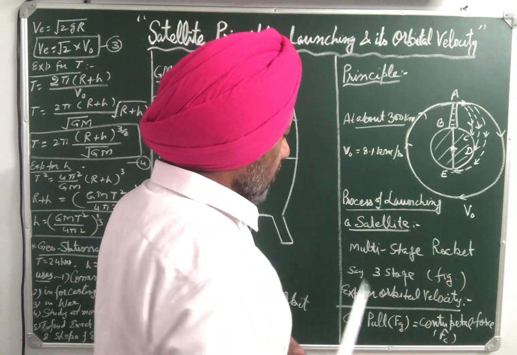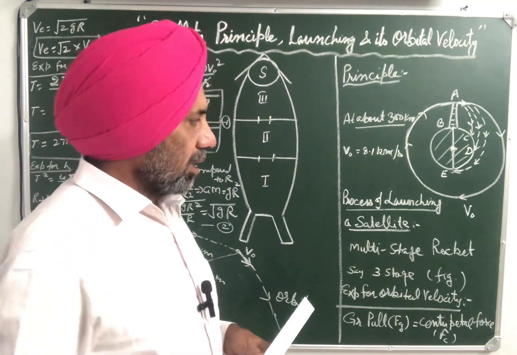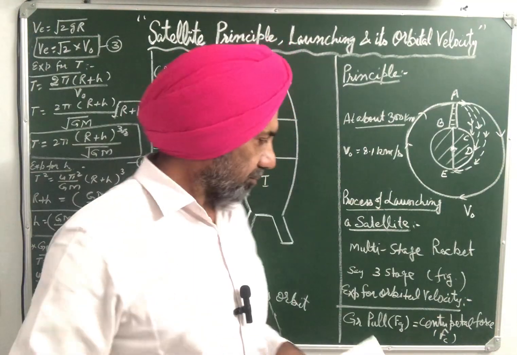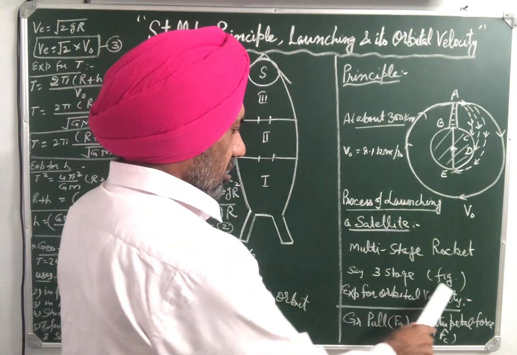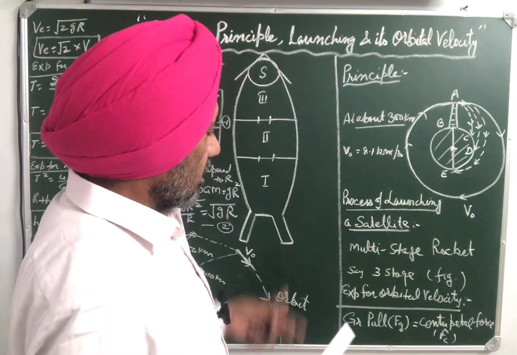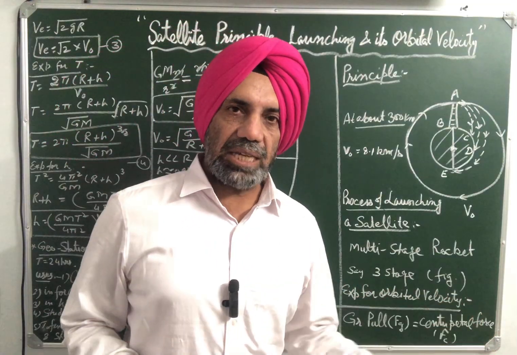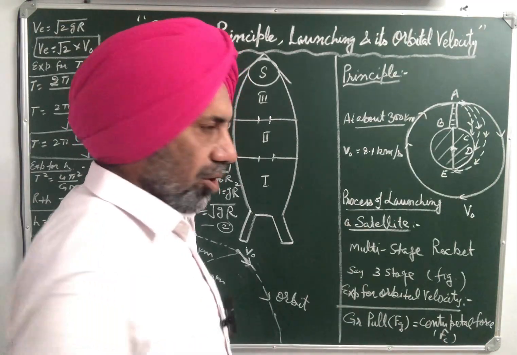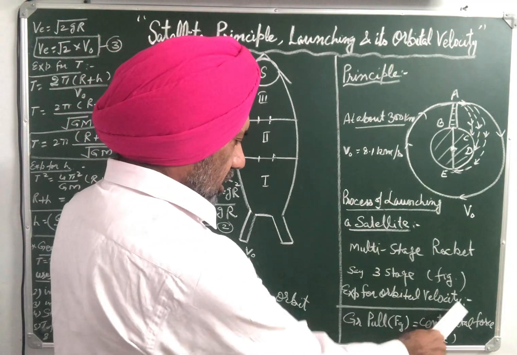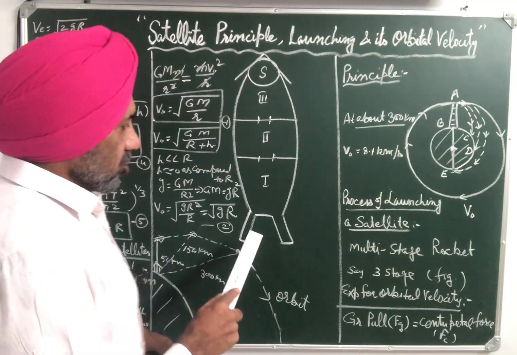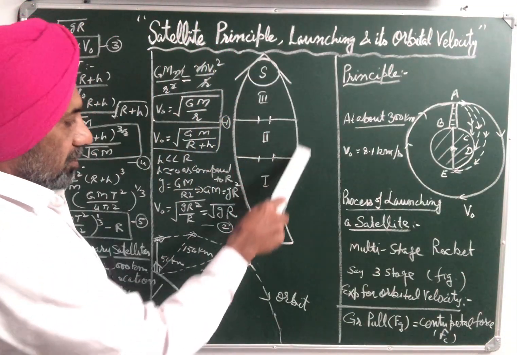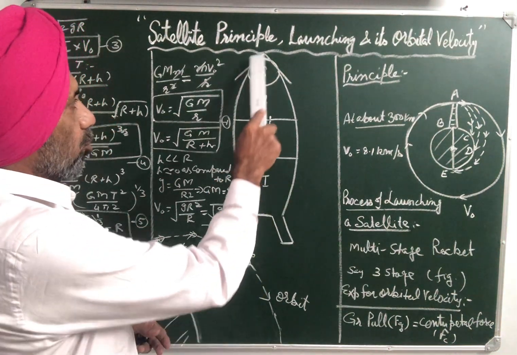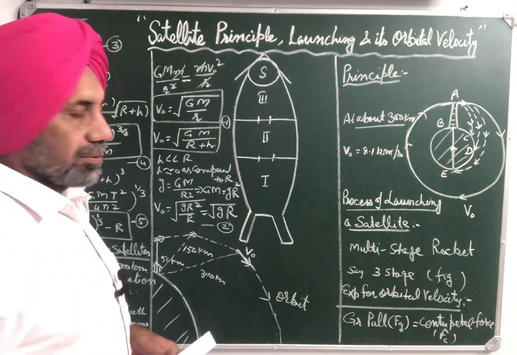Then, the process of launching a satellite. To launch a satellite, we make use of a multi-stage rocket. Here I will take a three-stage rocket to explain the launching of a satellite. Suppose this is a rocket which has three stages, 1, 2, 3, and the satellite S is put at the nose of the rocket.